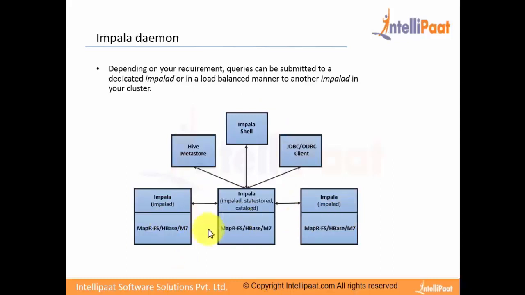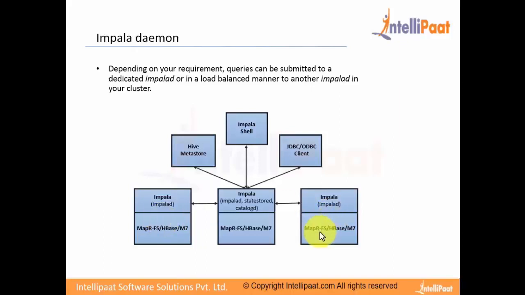Take an example that the nodes to the left and to the right have the data stored there. This middle Impala D process, or this middle data node or slave machine, will trigger that query on these Impala D daemons and will start processing the data in parallel.